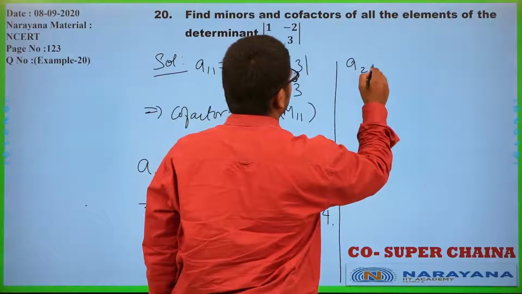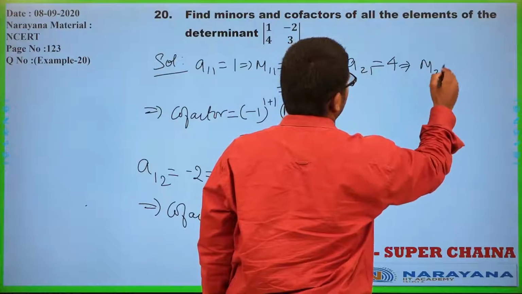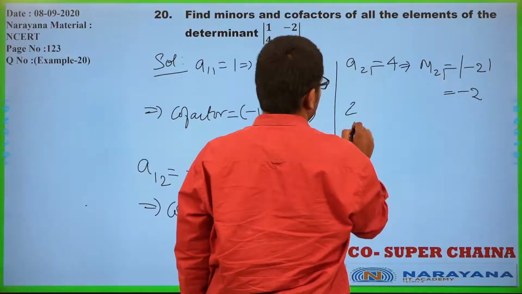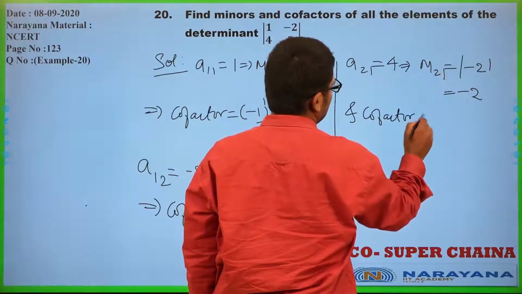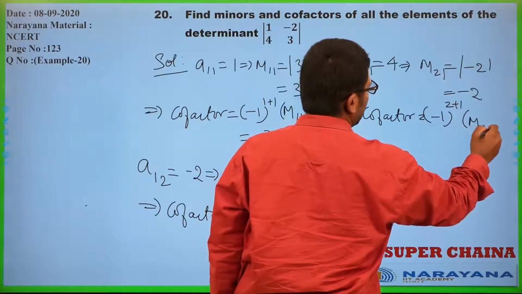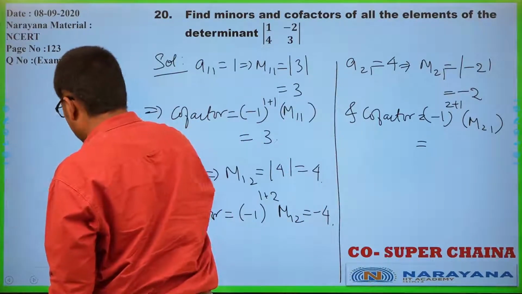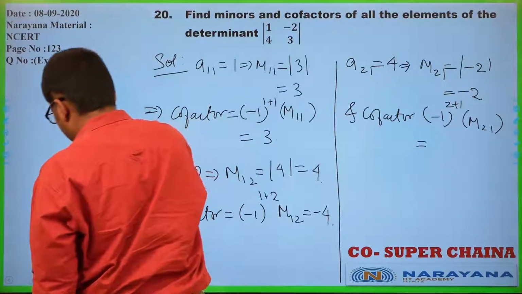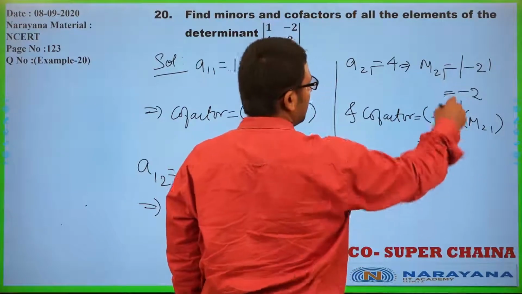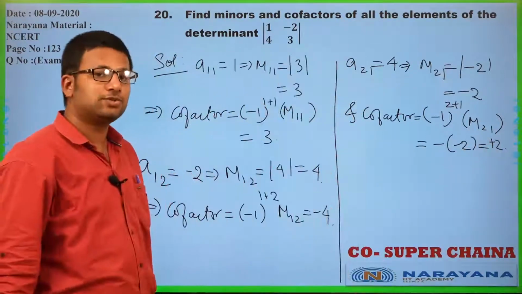Then A21 is the element 4, which means M21 is the element opposite 4, which is -2, and cofactor equal to -1 raised to 2 plus 1 times M21, which is minus of -2, which is +2, correct? +2 is its cofactor.